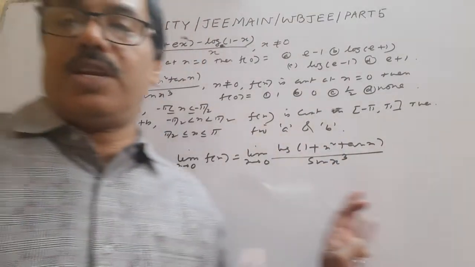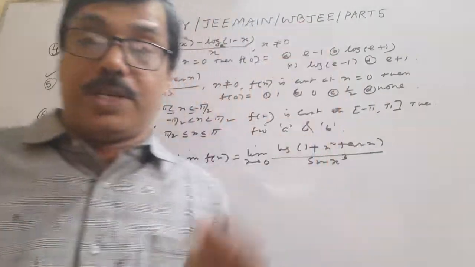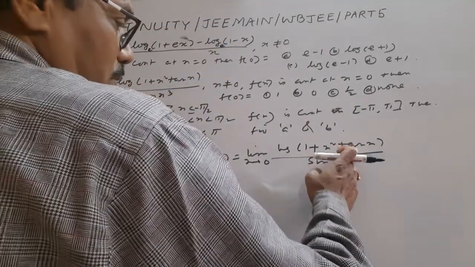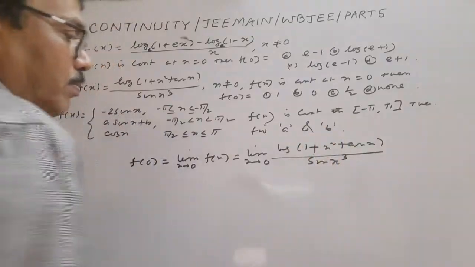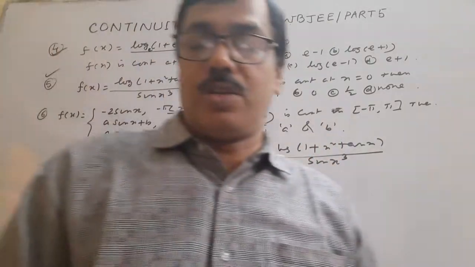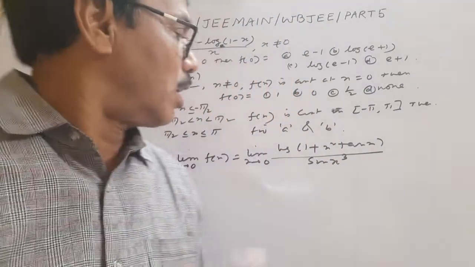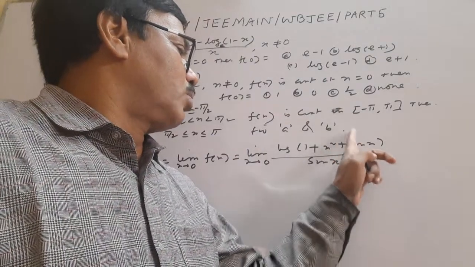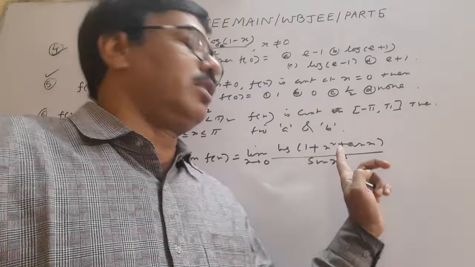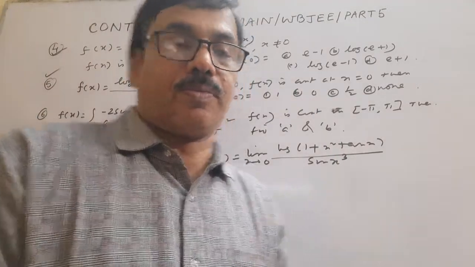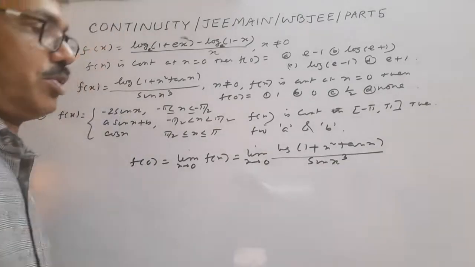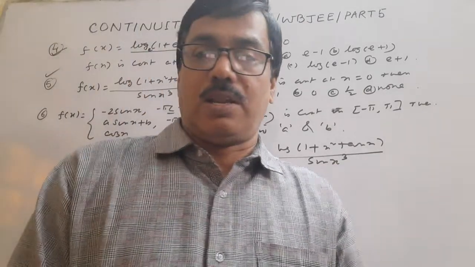Now this reduces to the problem of limit. Put x equals 0, this is log 1, a 0 by 0 form. So we can use L'Hospital rule. But look here, the argument is this one, so you have to again use product rule. That is why we try to use standard results of limit.